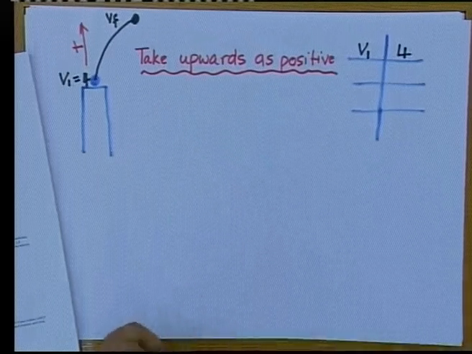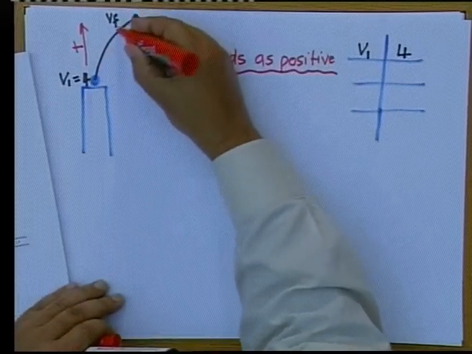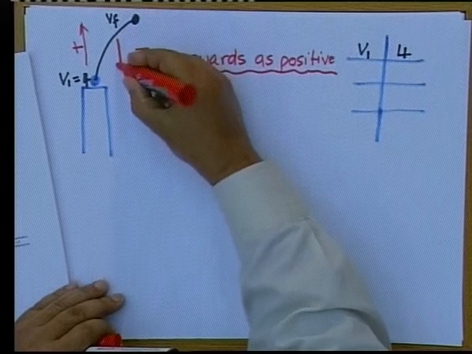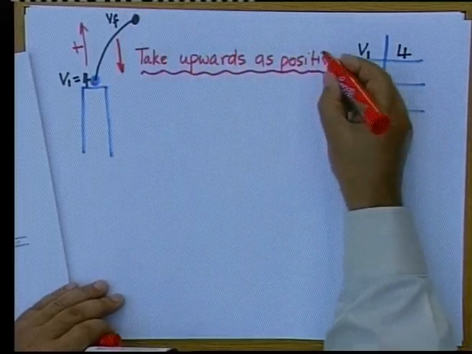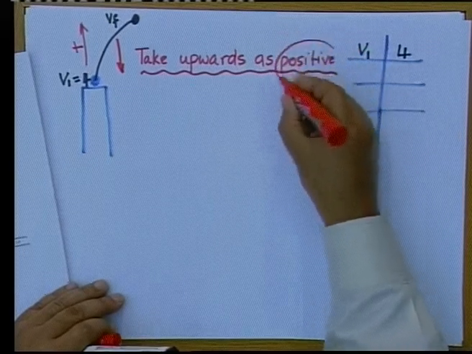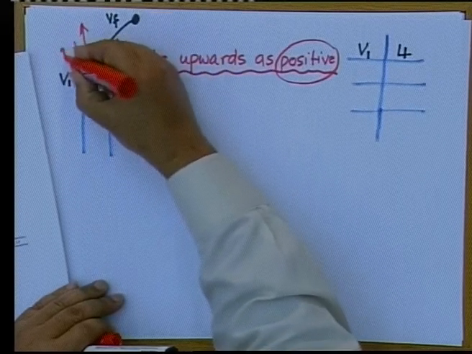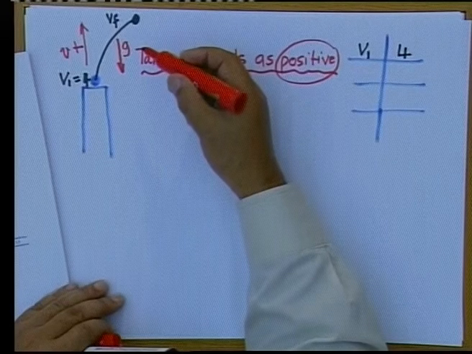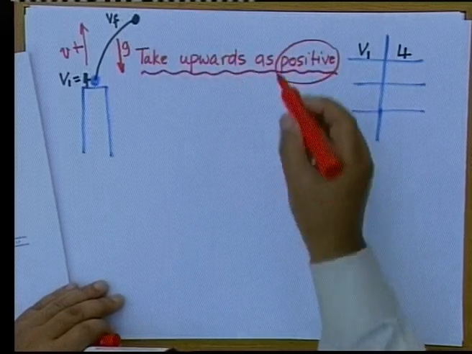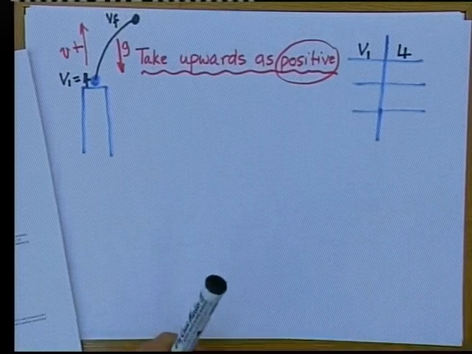Because I realized one thing, that this ball is moving upwards and gravity is downwards, and that's the time that I have to have a sign convention. When g is down and v is upwards, I have two vectors in opposite directions, therefore I must choose one of them as positive, and I need to emphasize this while I'm busy with it.